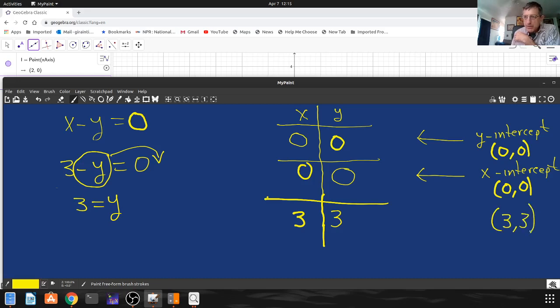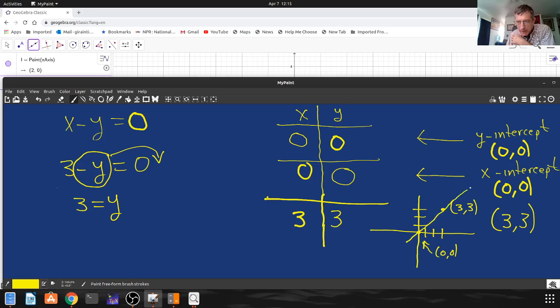Now 3, 3 is neither an x-intercept or y-intercept, but it is another point on the graph. It would be about right there, about 3, 3. And right there is my origin point, 0, 0. So we would just draw a line through those 2 points.